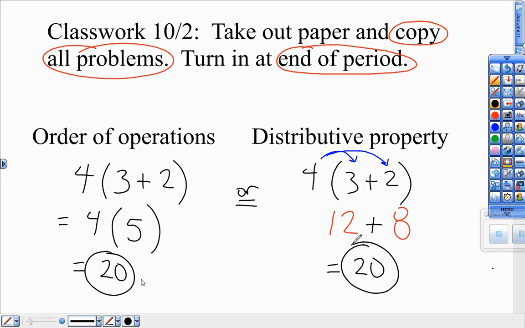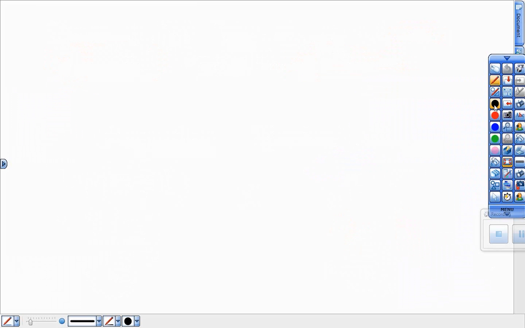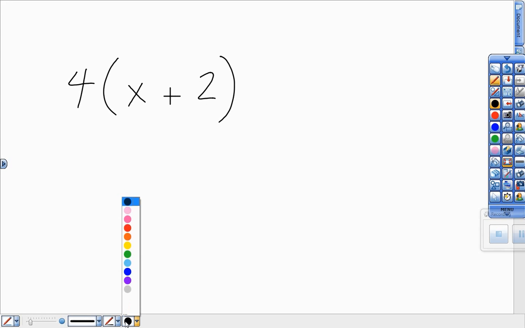So distributive property, multiplying a number out front times 2 or more things inside the parentheses. The main way we're going to have you show it is having a number out front with a variable and another number inside there. So I'm going to multiply that 4 times the x, and then I'm going to multiply that same 4 times that 2.